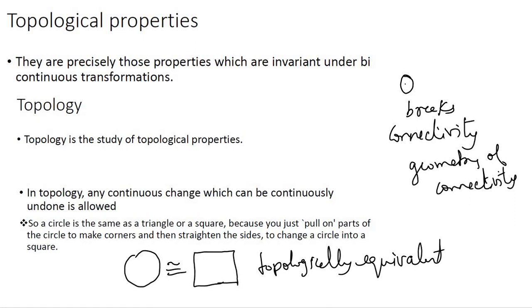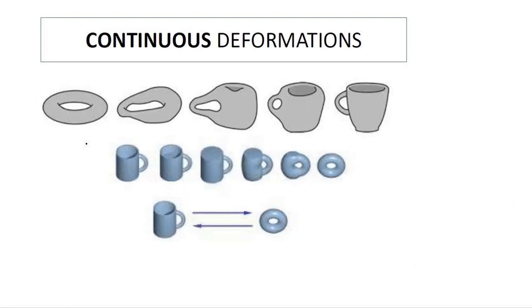I told you a circle is topologically equivalent to a square. In this way, consider this continuous deformation: think of it as a donut. I'm giving it a continuous deformation. Here, it is important that the connectivity should not be gone, that is, it should not break.